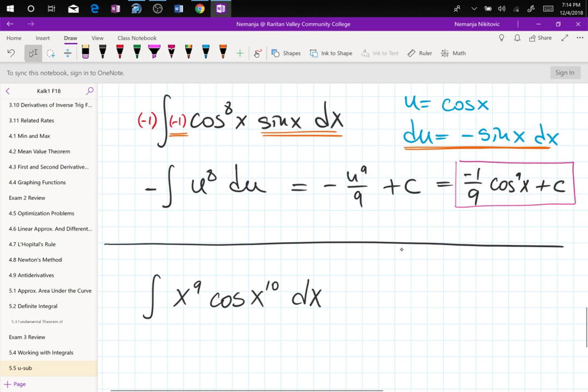Do we have a function derivative pair? What is the function derivative pair? X to the 10 with x to the 9. Very good. So what's u? X to the 10th. There's no sines and cosines here as a pair. There's no sine to pair up the cosine, right? Can't have Robin without Batman. Makes no sense.